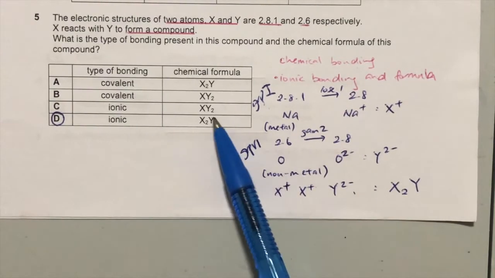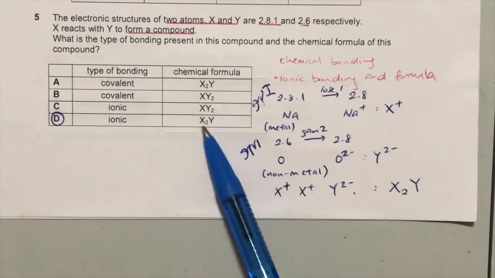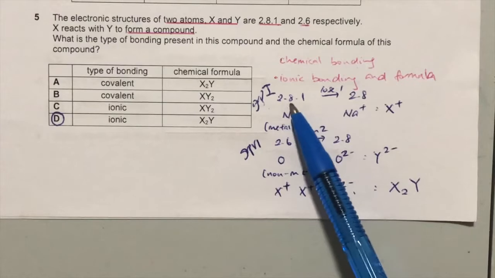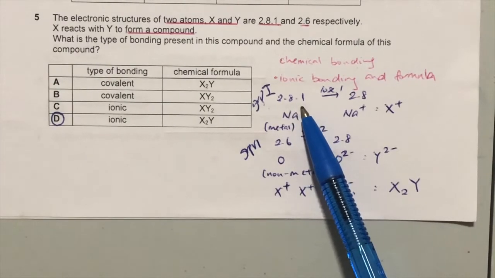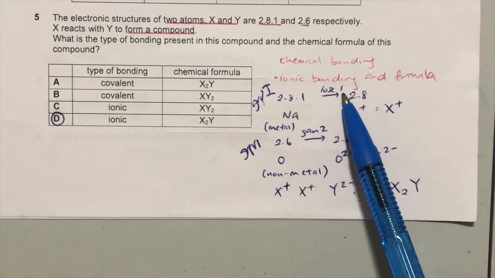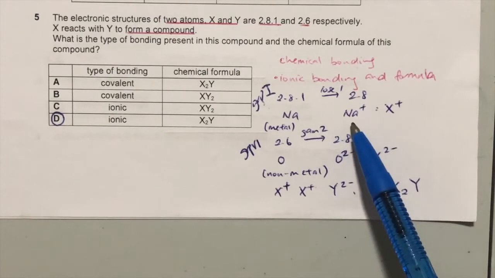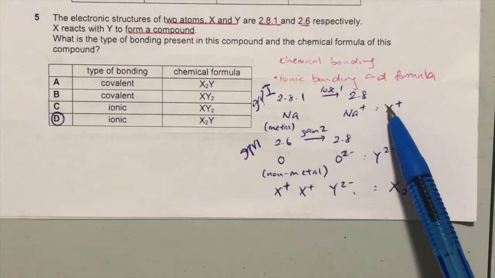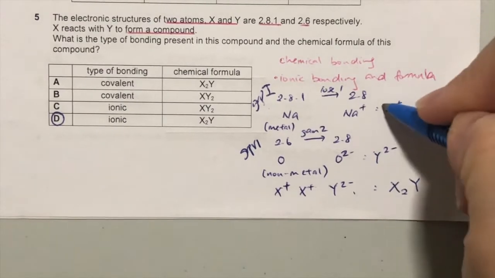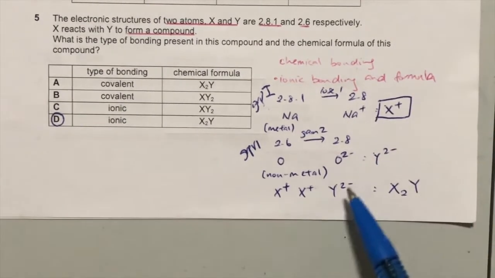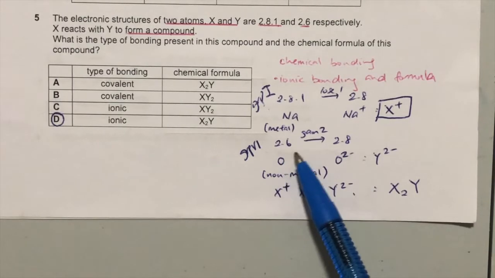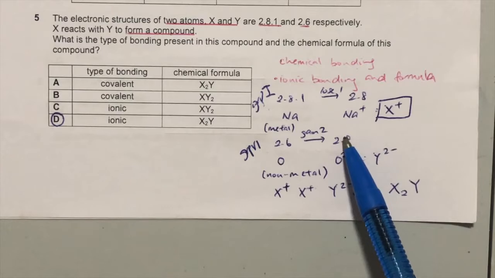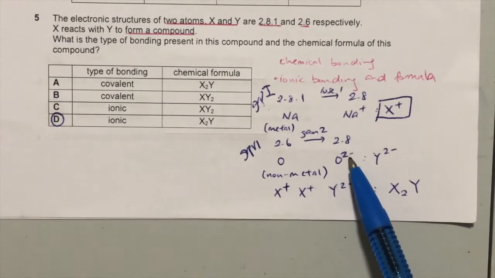And how about the chemical formula? How do we get the chemical formula over here? So what we do is, since 2.8.1, for it to become an ion, it will need to lose 1 electron, which means it's as if it's Na+. So in this case, since this is X, it will be X plus. And next, 2.6 will need to gain 2 electrons to become 2.8, a completely filled valence shell, which is as if it's O2 minus.